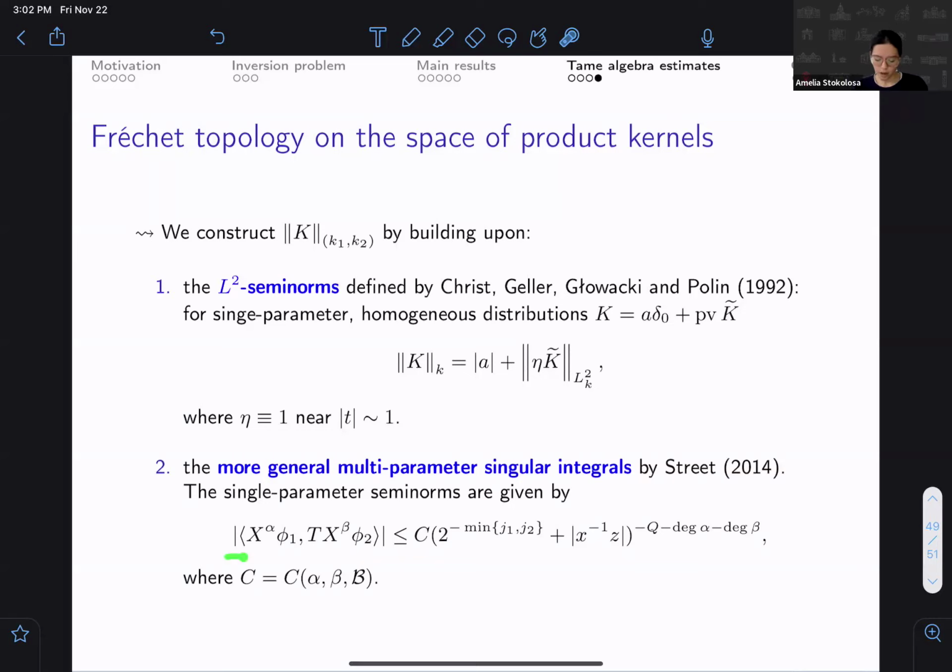Here there's a seminorm defined, which instead of using Sobolev spaces, uses a duality type construction. And using these two constructions, you can obtain a class of seminorms for product kernels, which gives rise to a Tame algebra estimate.